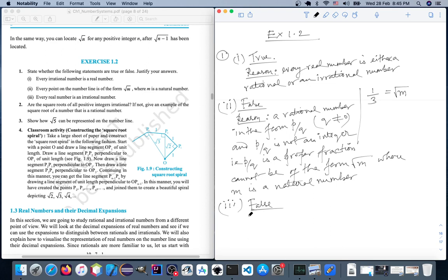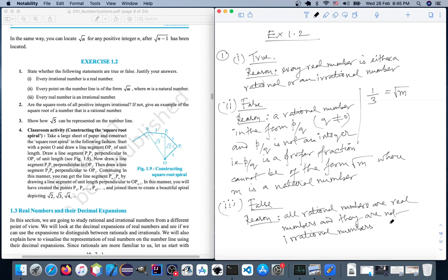So the reason could be that all rational numbers are real numbers, and they are not irrational numbers.